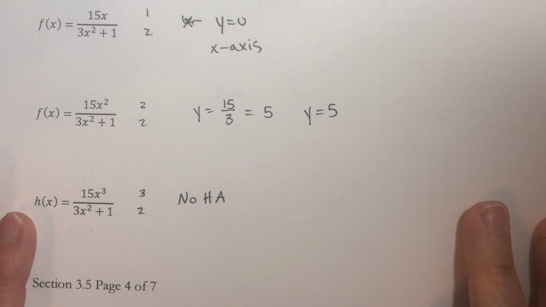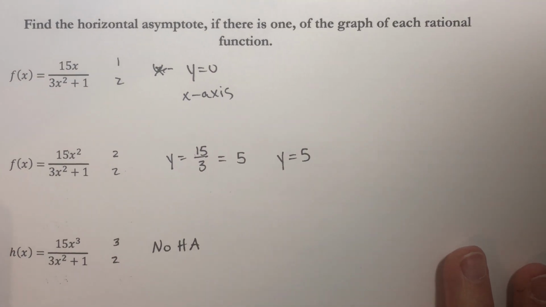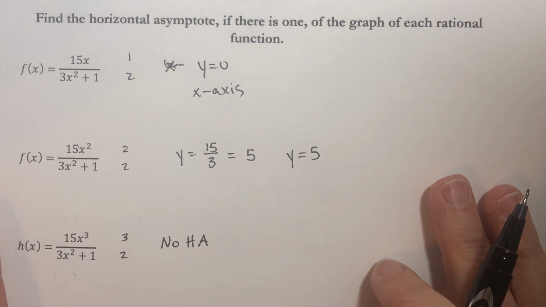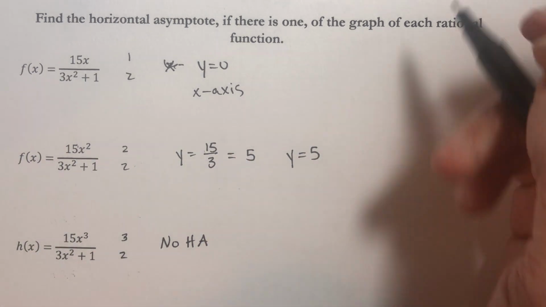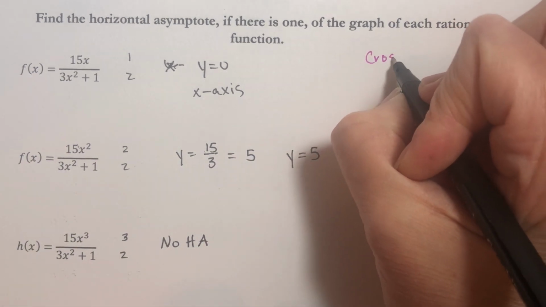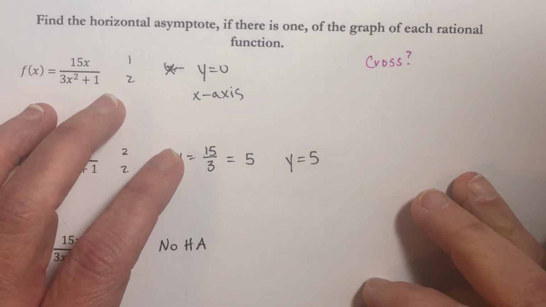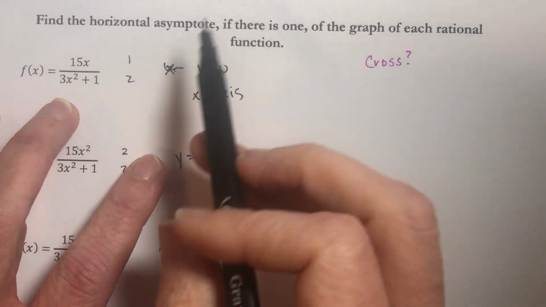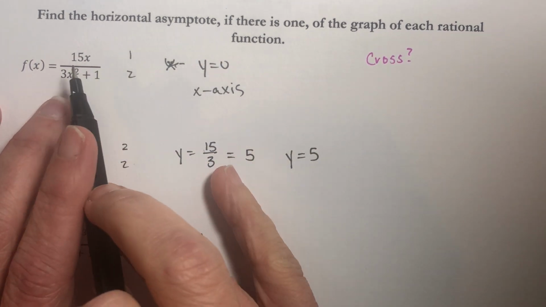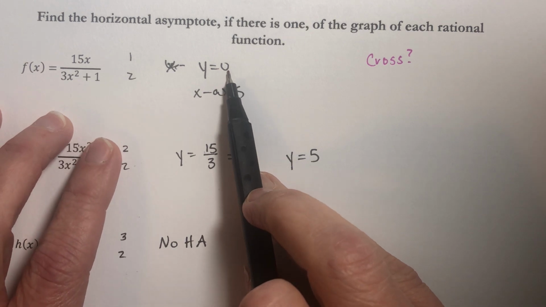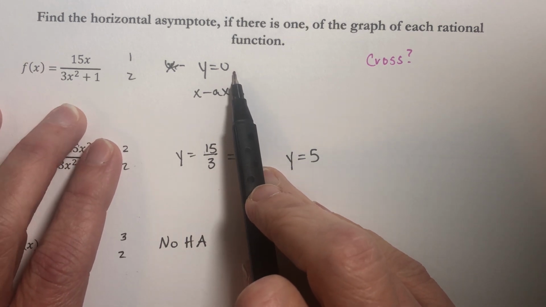Now, one thing we do need to know is whether or not we cross these horizontal asymptotes. So how do you know if you cross it? You set your rational function equal to the number where you have a horizontal asymptote.